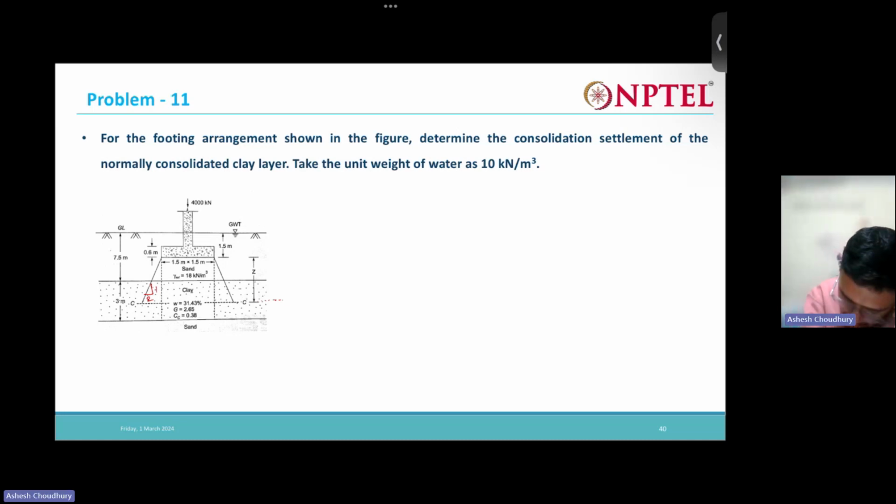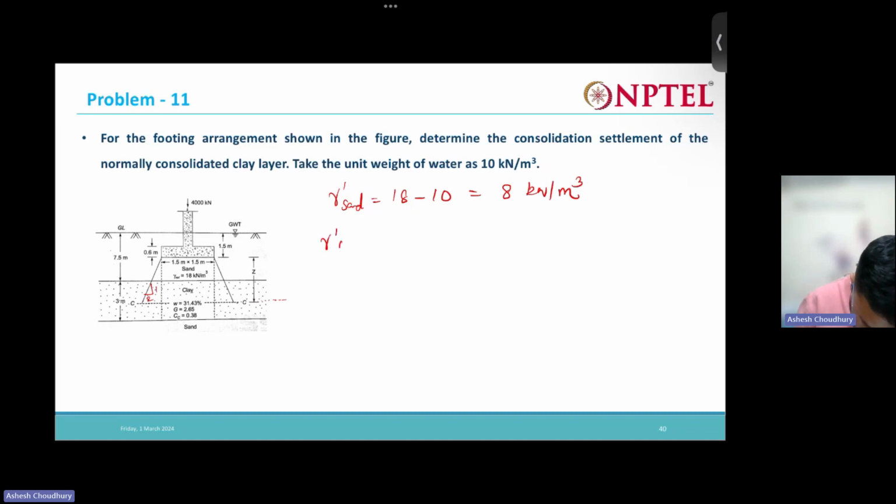First, let us calculate. You can see everything is under the groundwater table, right? Everything is under groundwater table, which means everything is submerged. So let us first calculate the submerged unit weights. For sand, saturated is given as 18, so 18 minus 10, 8 kilonewton per meter cube.